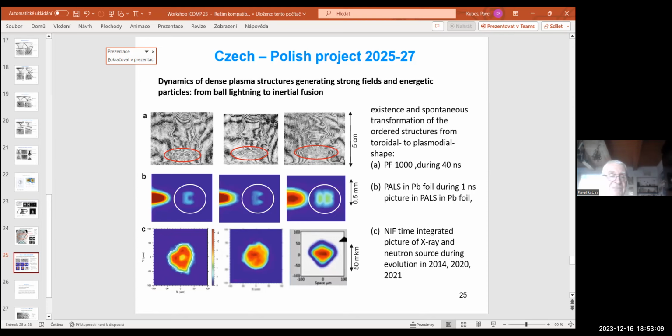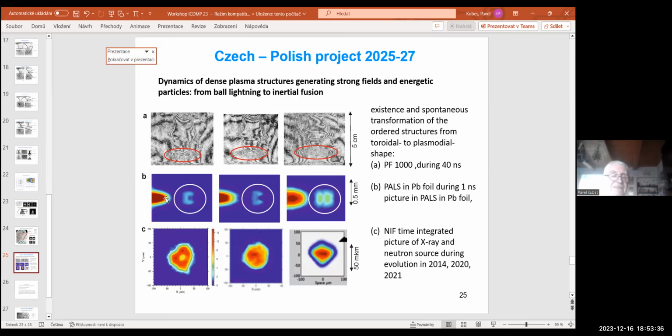And here is a picture of three shots in plasma focus in PF1000, where we see in one shot formation of the toroidal structure and transformation to the plasmoidal structure with dimension about 1 centimeter during 40 nanoseconds.